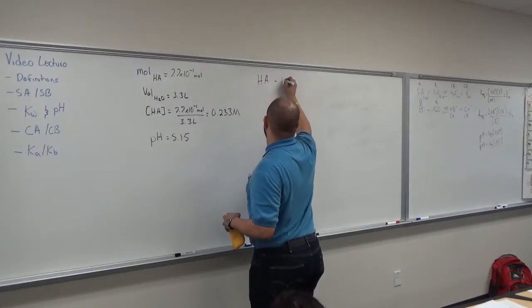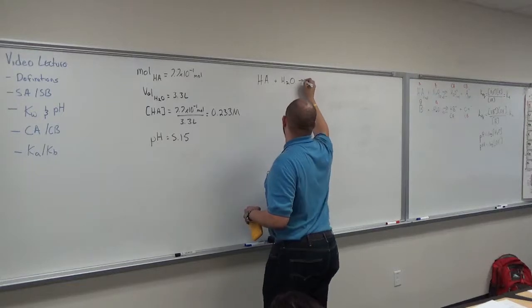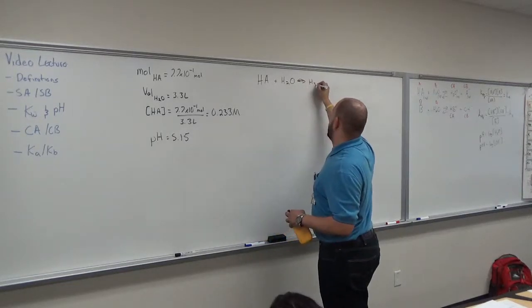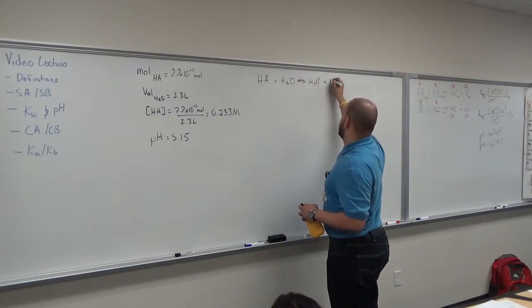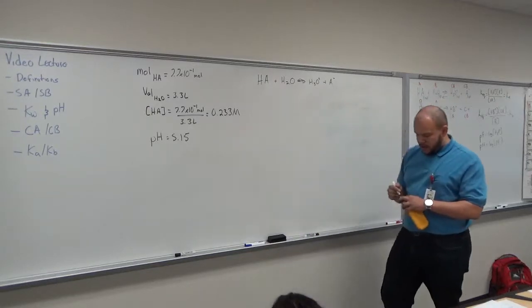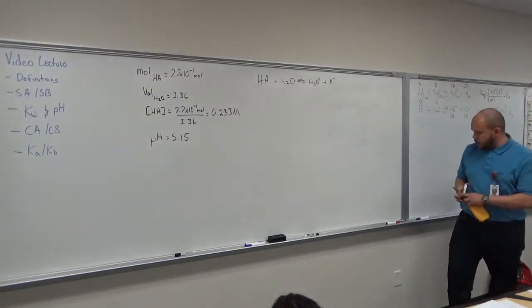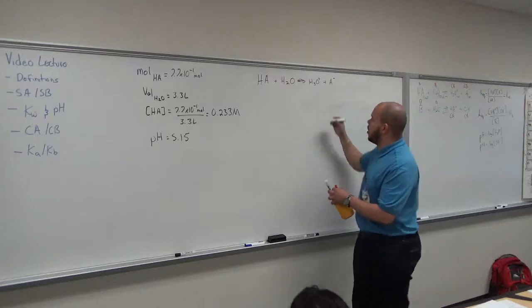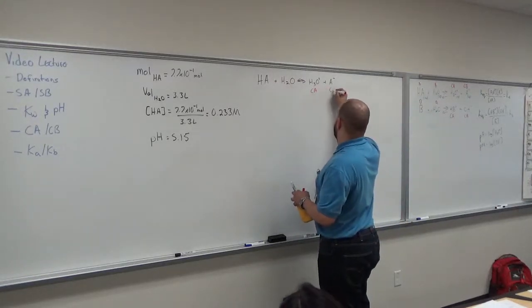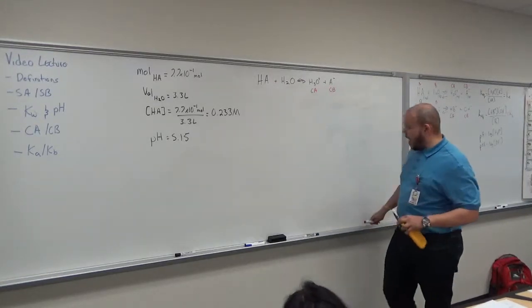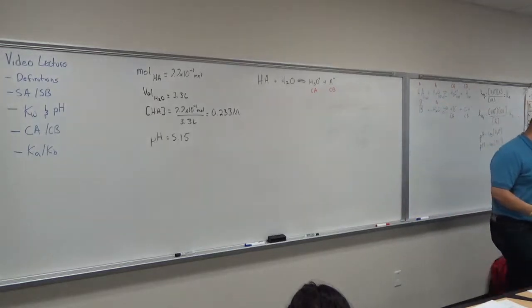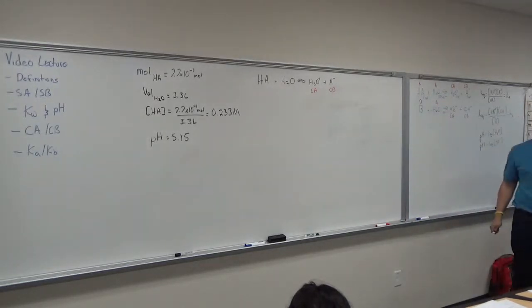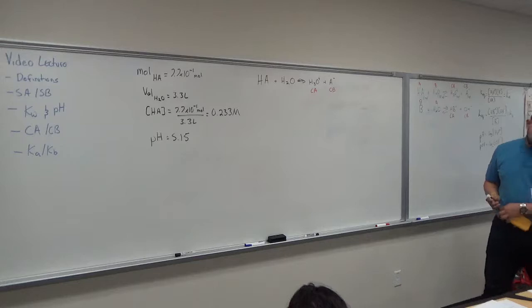HA plus water, equilibrium with hydronium plus conjugate base. Again, what is the conjugate acid? What is the conjugate base? Just go ahead and label it every time, even if it doesn't ask you, just so that you get comfortable.